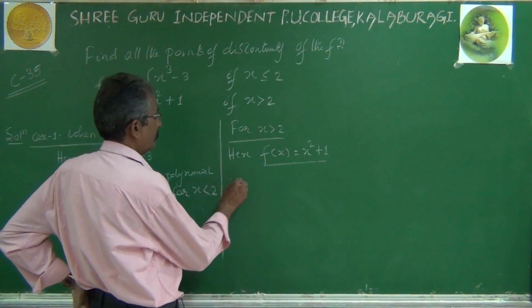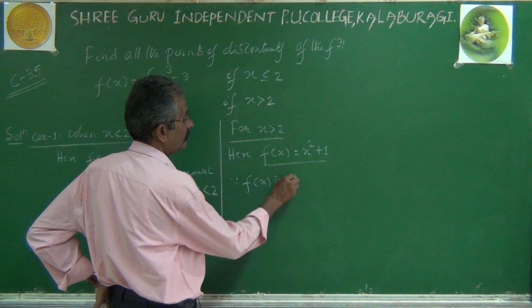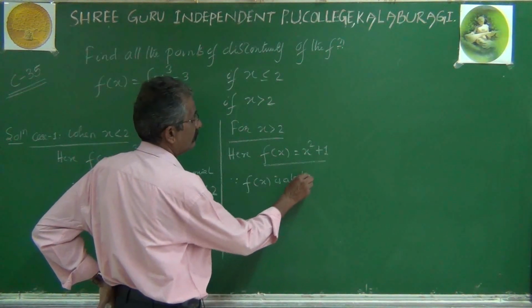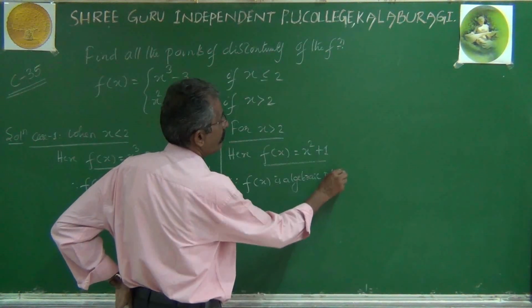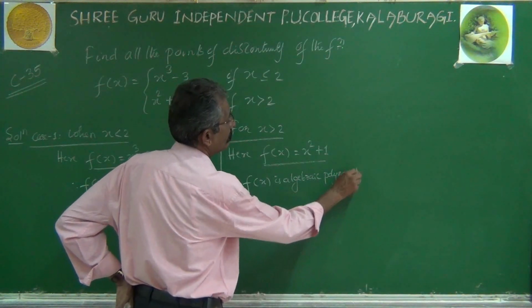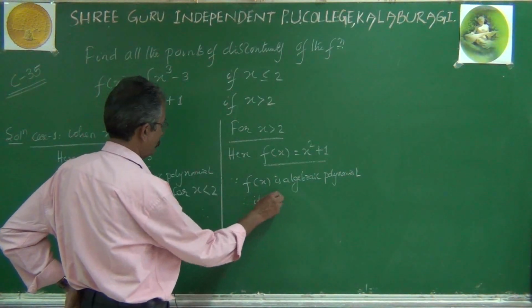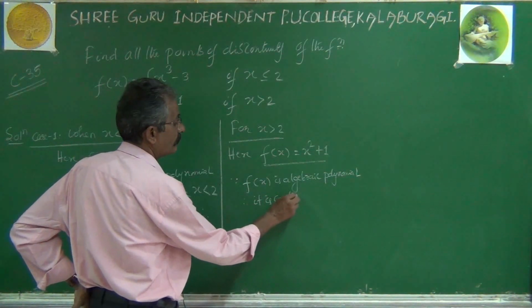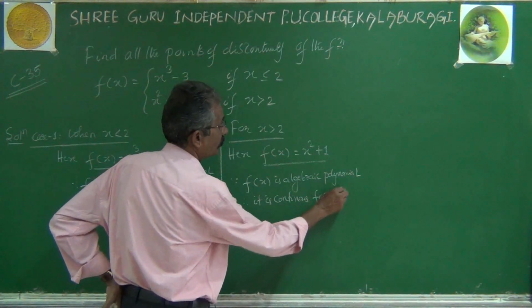Since f of x is an algebraic polynomial, therefore it is continuous for x greater than 2.